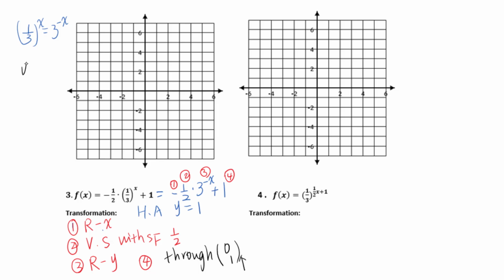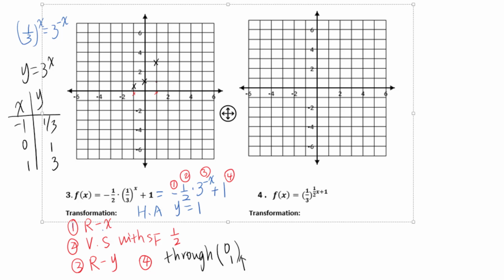We know the parent function y equals 3 to the x power. First step, reflect across the x-axis here. Then vertical stretch with the scale factor 1/2 means the distance from the x-axis will be half. It's just closer to the x-axis. Then reflect across the y-axis, go here. Then go up 1 unit, it will be here.